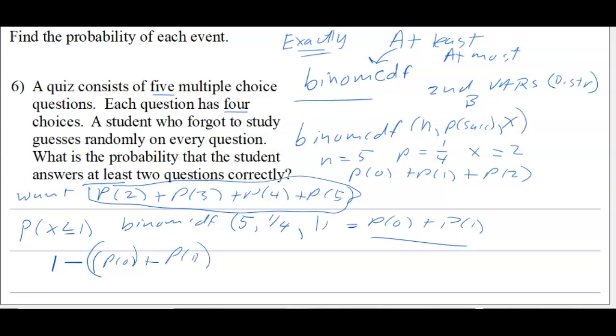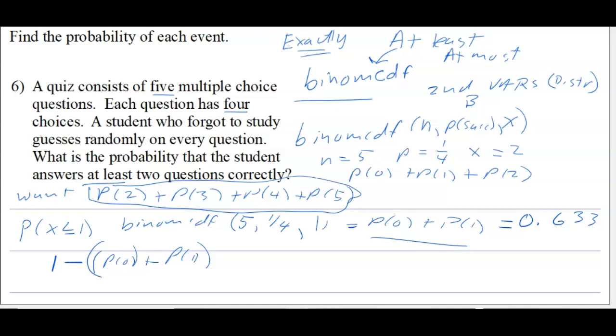So let's use that binomial CDF to find what we're looking for. And when I do that, I get 0.633. So that's the probability of getting 0 right or 1 right. What about the probability of getting 2 or more right? Now, your gut feel should say that's less likely.